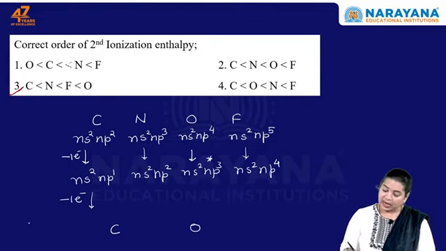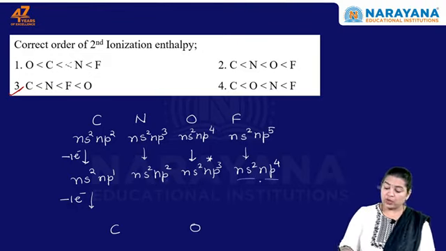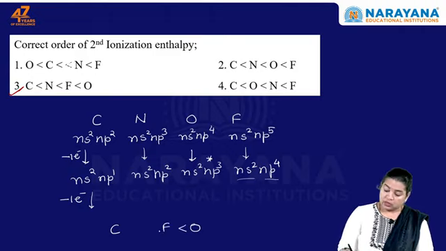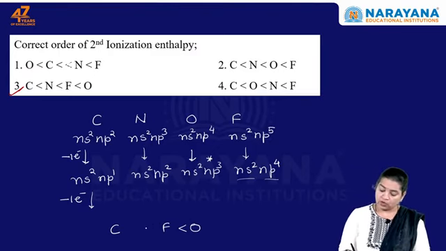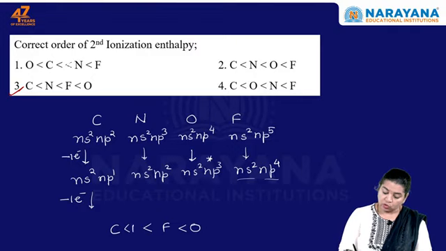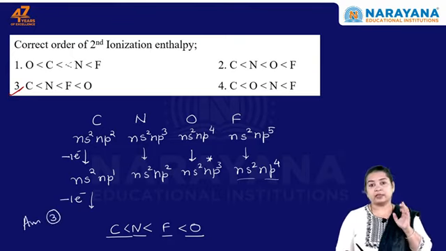Let us talk about the others also. ns2np2 and ns2np4: the ns2np4 one will have relatively more effective nuclear charge, so it will have higher ionization energy than the ns2np2 configuration. So the order is carbon, nitrogen, fluorine, oxygen, and therefore the answer for this question is third.